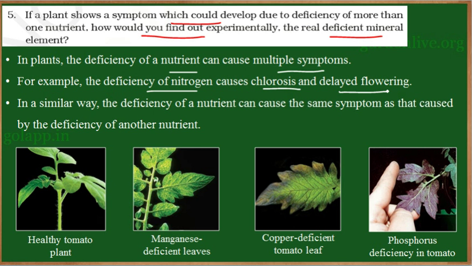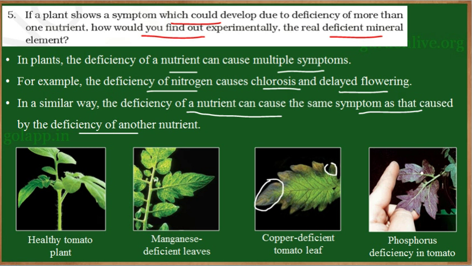So, one nutrient deficiency causes multiple symptoms. And there is one more possibility: the symptoms might be the same, but the causes would be multiple. In a similar way, deficiency of one nutrient can cause the same symptoms as that caused by the deficiency of another nutrient. Here in the picture we can look. These black spots at the corners and edges of the leaves are caused due to copper deficiency.